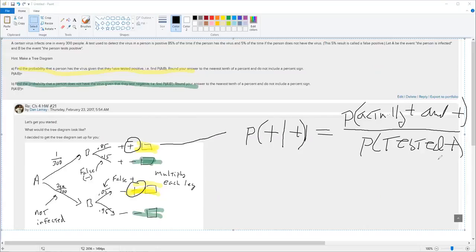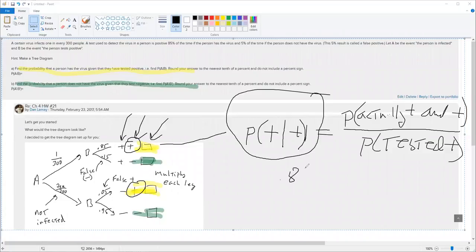And since we're looking for this conditional probability, we've got to find these numbers. The and, tested positive and actually were positive, is this result right here. I don't have those numbers right handy, but that probability is 0.85 times 1 over 300, whatever that number is. And then what's the probability that somebody tested positive?